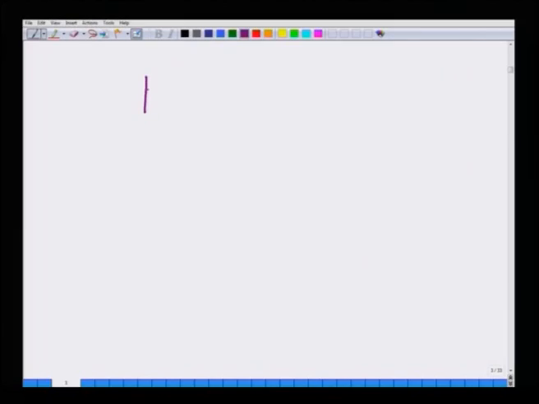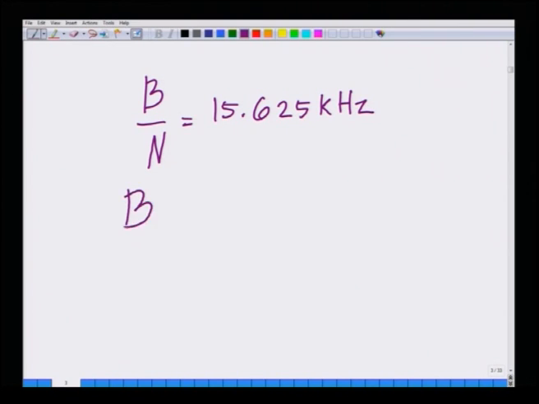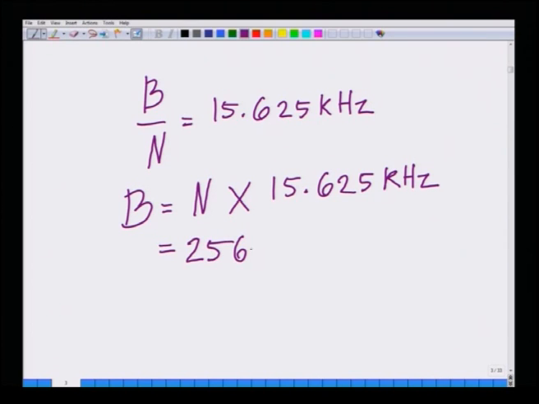So, we have B by N equals 15.625 kilohertz, which means B is equal to N times 15.625 kilohertz, which is essentially equal to, we said N equals 256 subcarriers, hence this is 256 times 15.625 kilohertz. This is nothing but 4 megahertz.